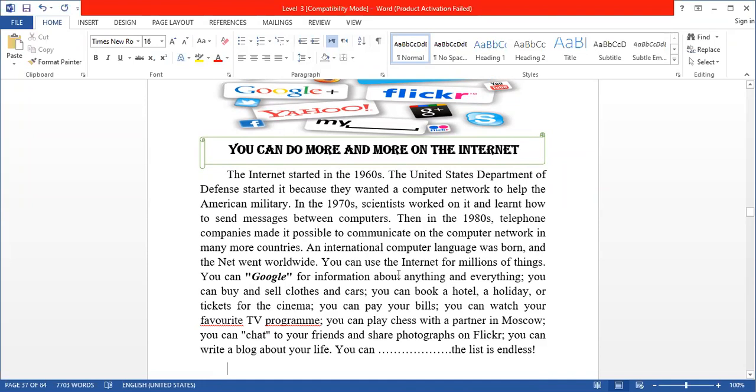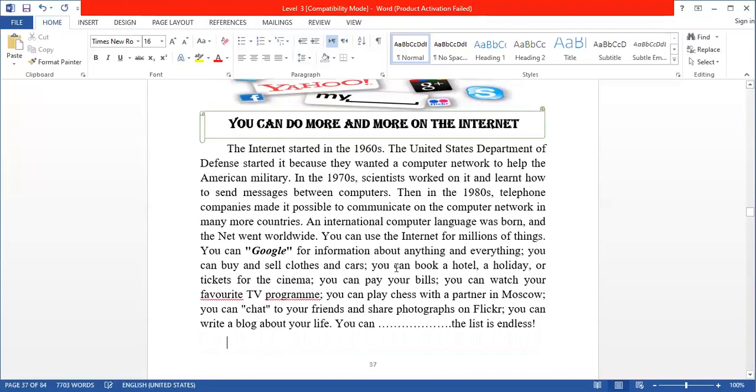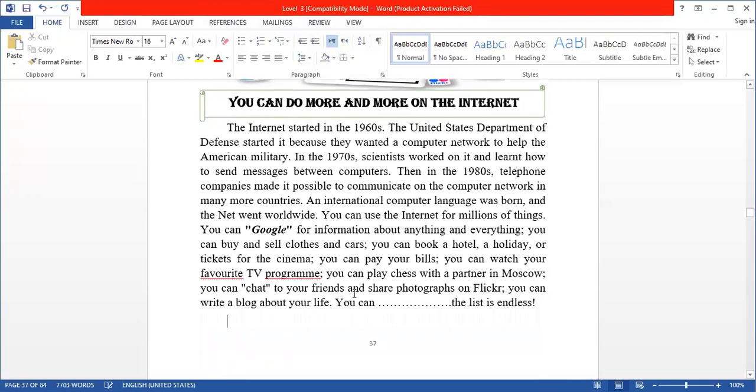You can use the internet for millions of things. You can Google for information about anything and everything. You can buy and sell clothes and cars. You can book a hotel, holiday, or tickets for the cinema. You can pay your bills.